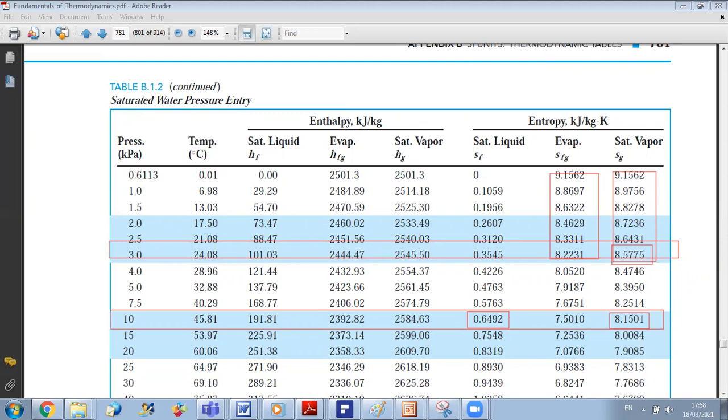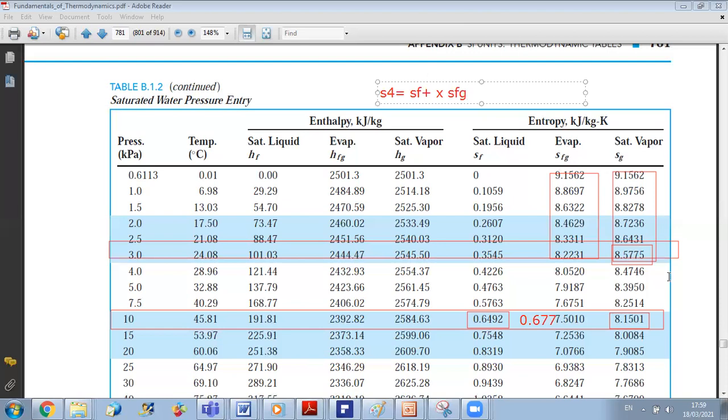My S is 6.77. So in order to find the quality at my point, all I have to do is write this. S at point 4 will be equal to S of saturated liquid, SF, plus the quality X times SFG. SFG represents S saturated vapor minus S saturated liquid.